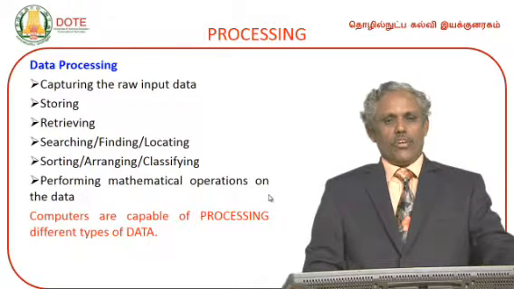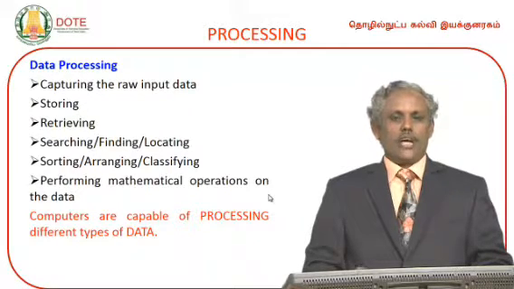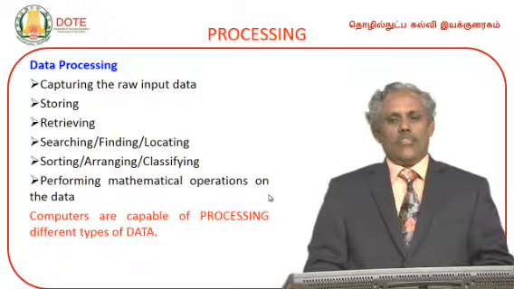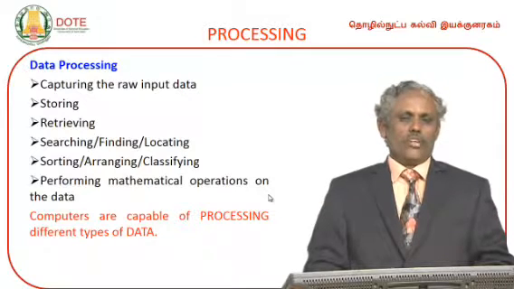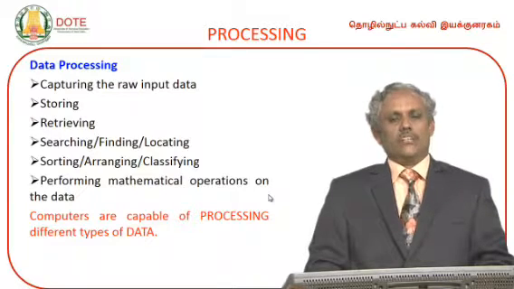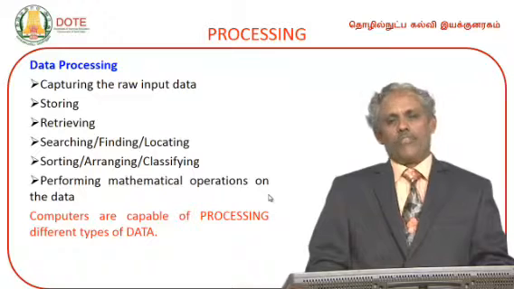Right. So, the processing involves the input, that is capturing the raw input data from the user and storing the information, retrieving the information. That means, for processing we give some data through the keyboard or through the scanner or through some other video devices like camera.